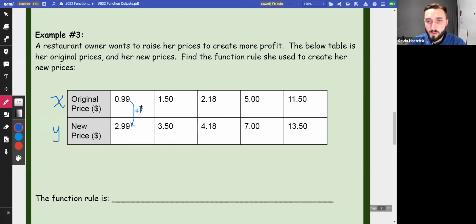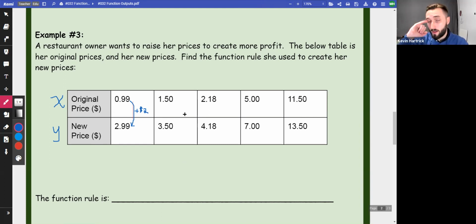So plus $2. That's kind of what we're thinking the function rule is, but remember, it has to work for all of them. Function rule never changes for all the inputs. Every input has to go through the same function rule. So we got to figure out, did this function rule work for everything in the table, or is there a different rule that we're not seeing right off the bat?